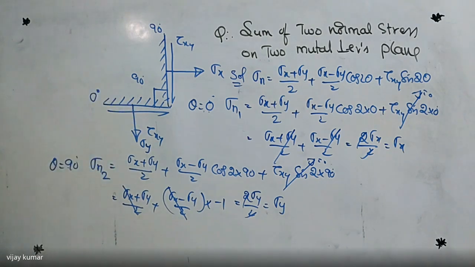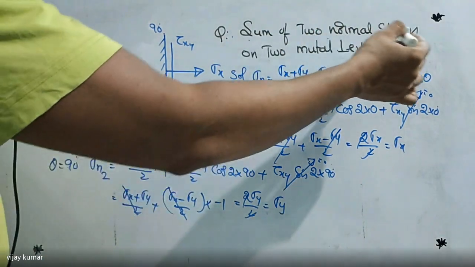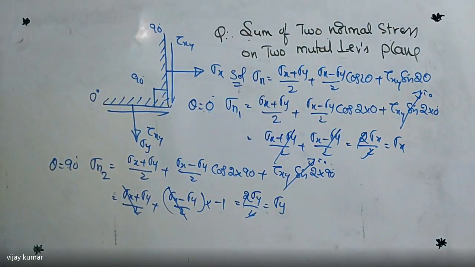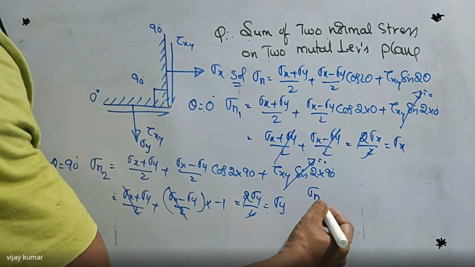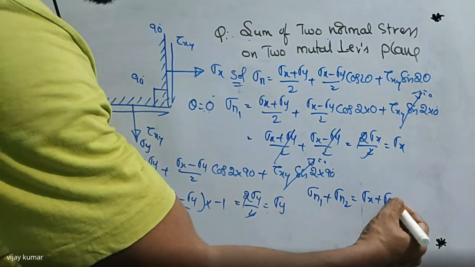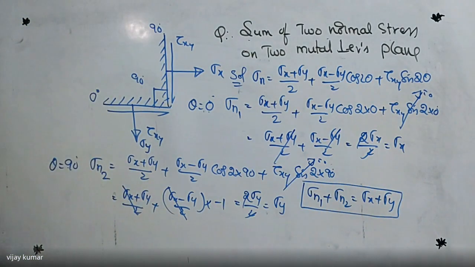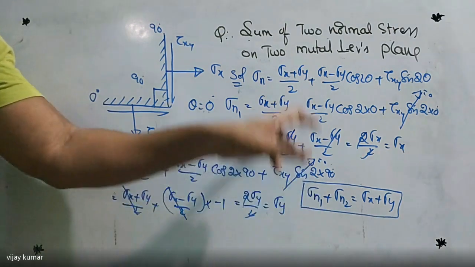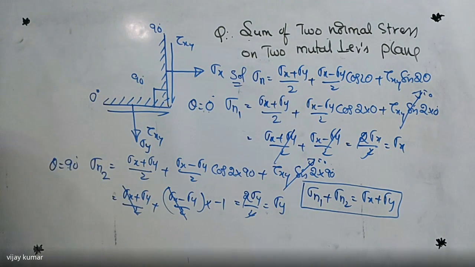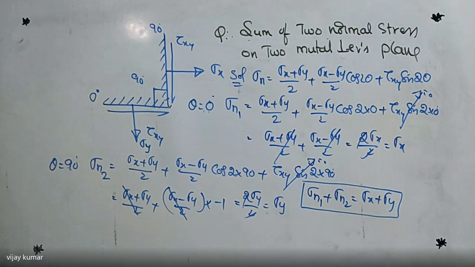So sigma n1 plus sigma n2 is equal to sigma x plus sigma y. This is the sum of two normal stresses on two mutually perpendicular planes. Did you get it?